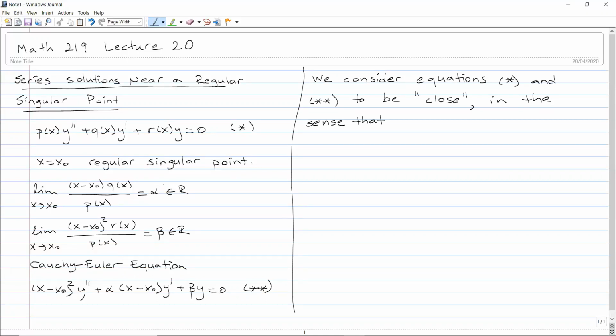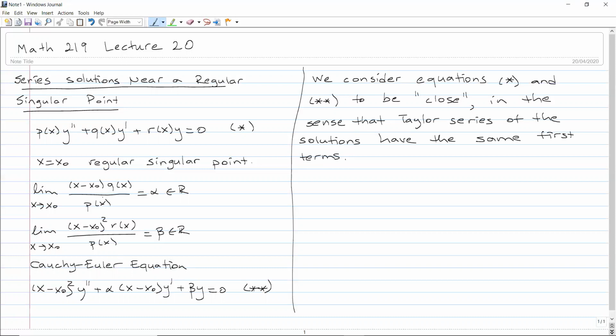The limits in your equation star, alpha and beta, are the same as in your equation double star. So the Taylor series of the solutions have the same first terms. I know this doesn't make much sense to you now, so think of this as a formal mathematical statement.